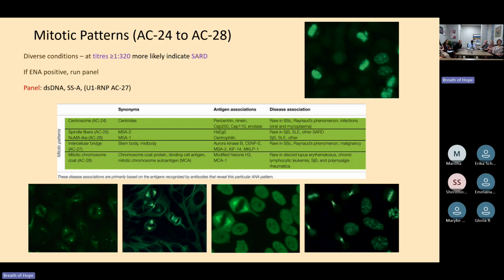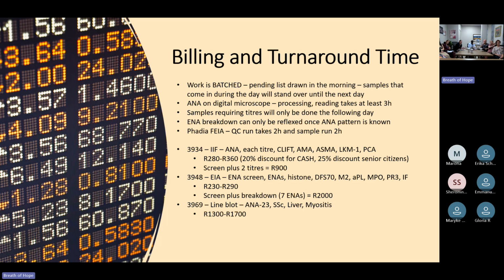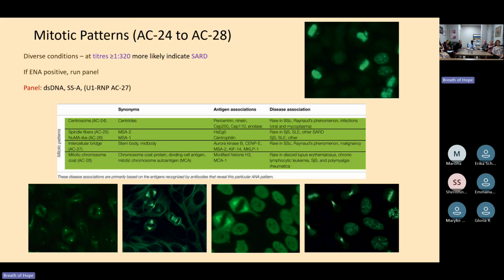All right, so this is AC24. This one is called centrosome. 25, this is mitotic spindle fibers. 26, that's NuMA. 27 is bridge, intercellular bridge, and then 28 is called mitotic chromosome. Well, you see it also has a positive metaphase plate.